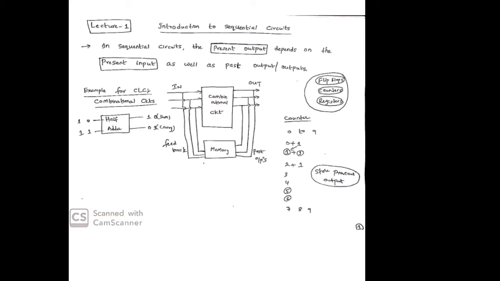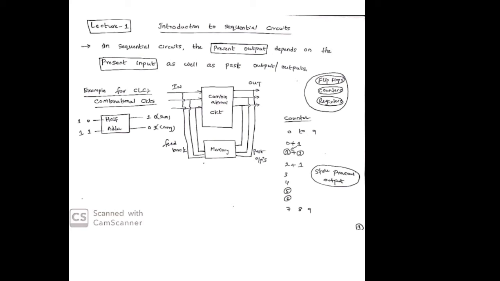You can observe on the left hand side of the slide two inputs. One input combination is 1 1 and the second input combination is 0 1. If I give the first input combination, 1 1, to this circuit, the half adder, what is the main function of this half adder? A half adder can add two single-bit binary numbers.